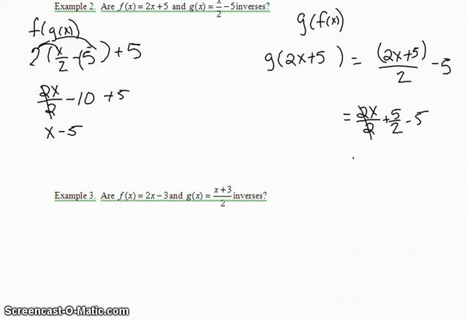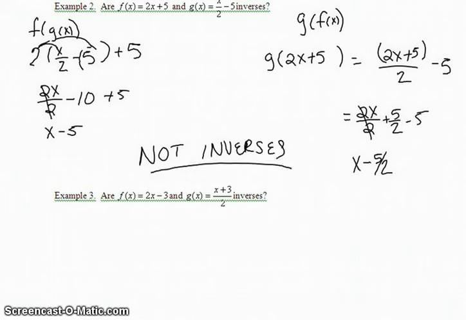I'm left with x minus 5 halves, if I did that correctly in my head. Neither one of those are x, so are they inverses? They are not. We had to have the results of both compositions result in x.